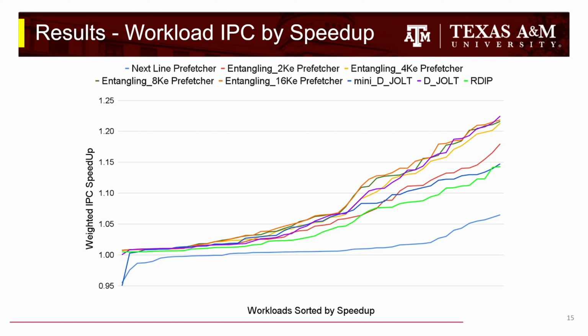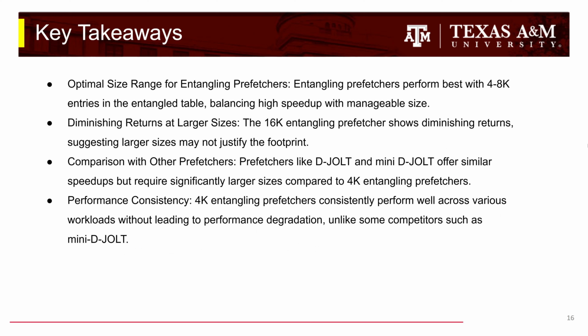Larger entangling prefetchers perform better than top-performing prefetchers like DJOLT, while still being smaller as shown before. Additionally, the entangling prefetchers never result in performance degradation with respect to no prefetcher, like the next line and mini DJOLT prefetchers do. Let's explore the key takeaways of our project.